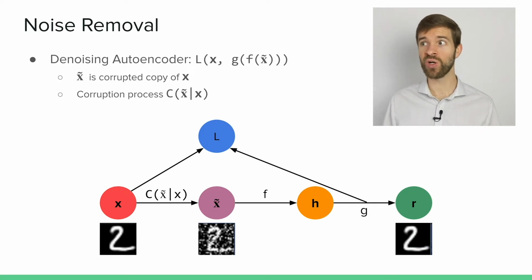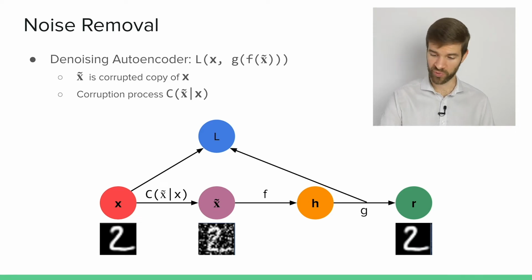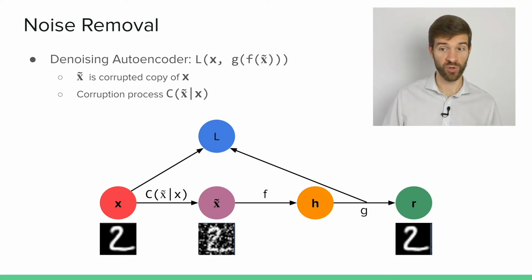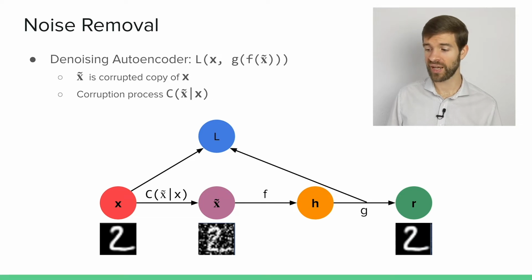So if we know what kind of corruption can happen along the way, we can just apply that corruption process to our clean input X. For example, when we take the number 2, we can add some noise to get this distorted sample, and then we train the autoencoder as usual. So we encode the noisy example and then reconstruct the clean sample with the decoder.